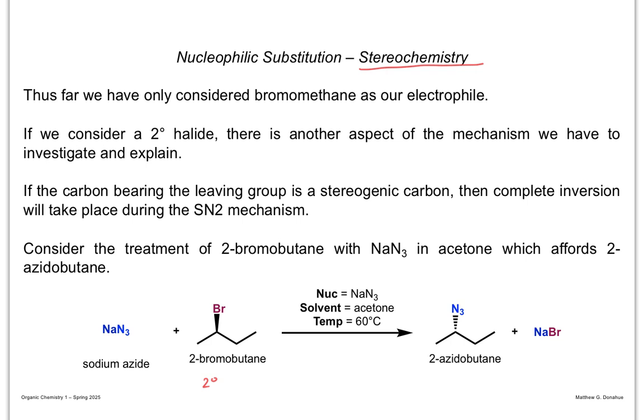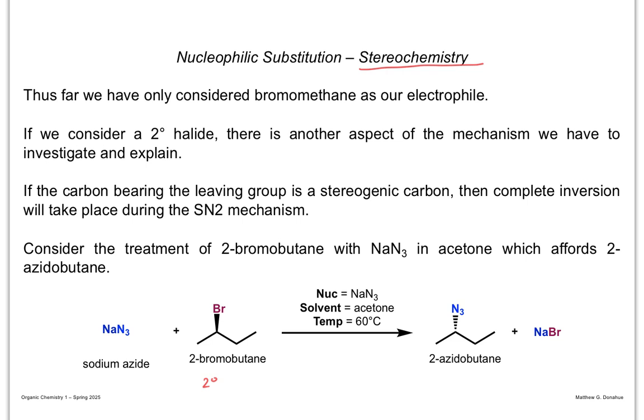When we look at that carbon atom, it has a bromine, a methyl group, an ethyl group, and a hydrogen. So it's 4 unique substituents, therefore it's a stereogenic carbon. The wedge is showing you that the bromine is coming out towards you.